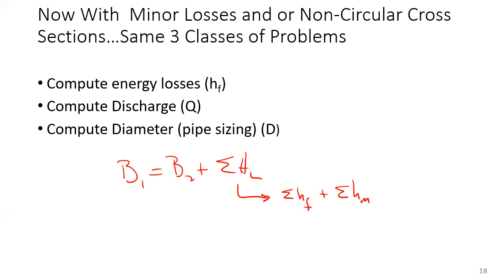So for example, you can have a pipe going from one reservoir to another reservoir. And you can see there's a bend here and there's a bend here. There's an entrance. Flow is from left to right, and you know which way water is flowing in this case because of the difference in the reservoir water elevation.